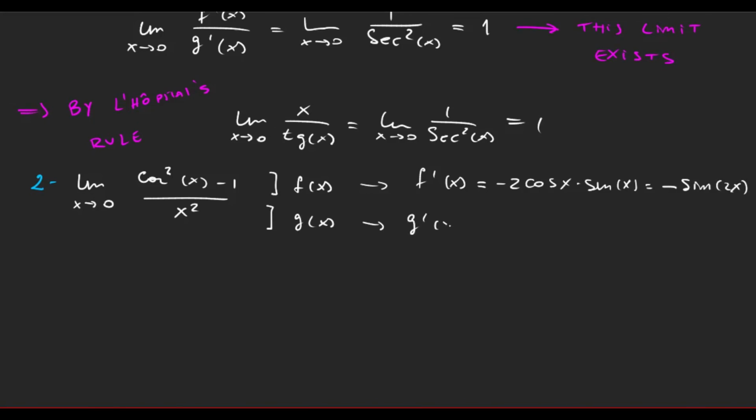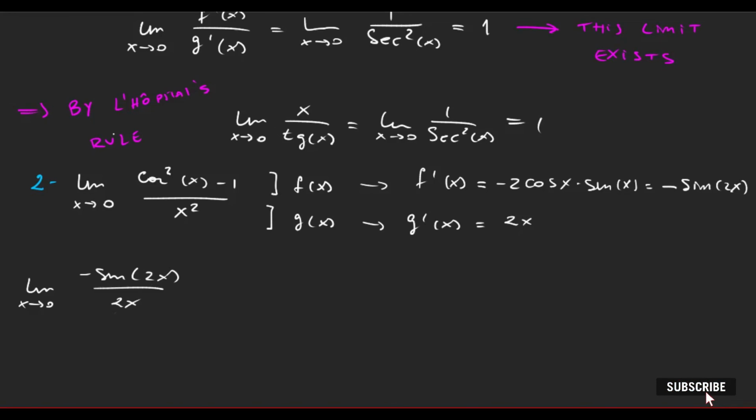And g prime is 2x. So as before, we calculate the limit of f prime divided by g prime, so minus the sine of 2x divided by 2x. But again, when x tends to 0, sine of 2x also tends to 0, and 2x obviously tends to 0.